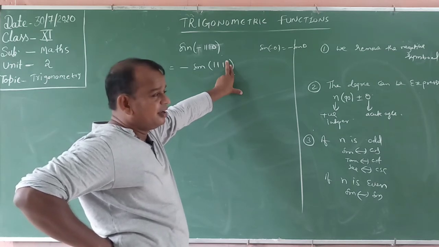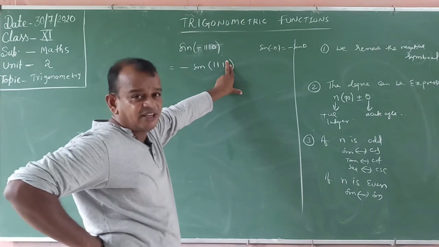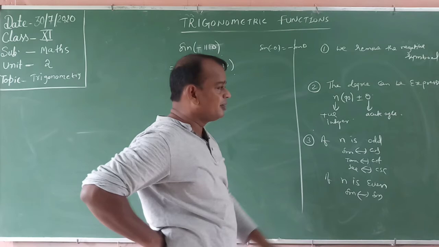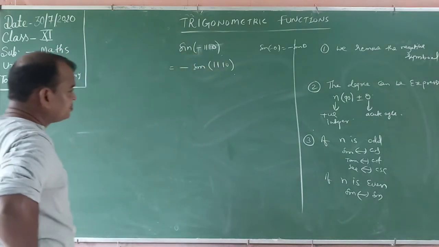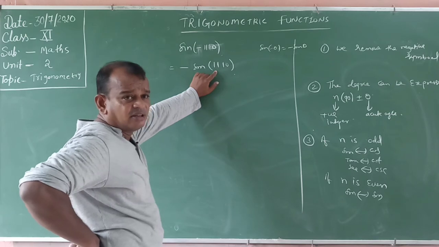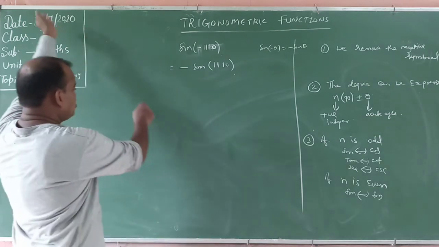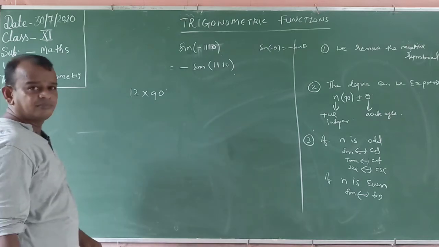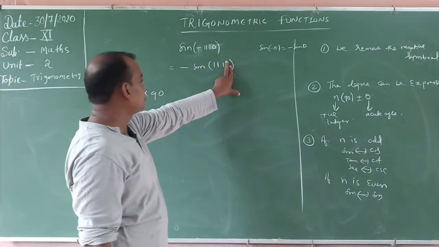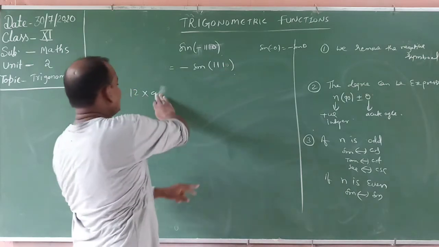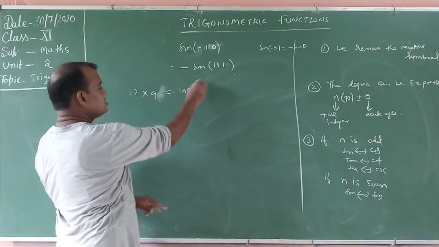Suppose 12 into 90: 12 nines are 108, means 1080.